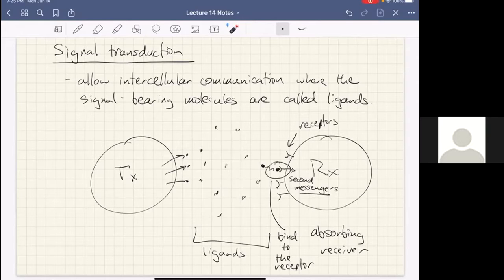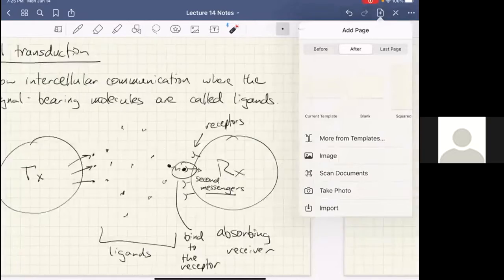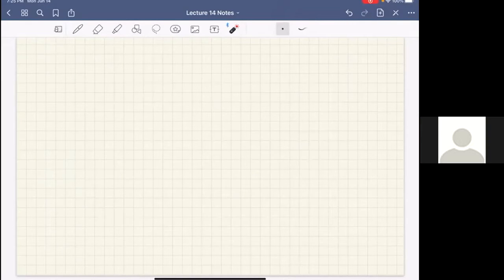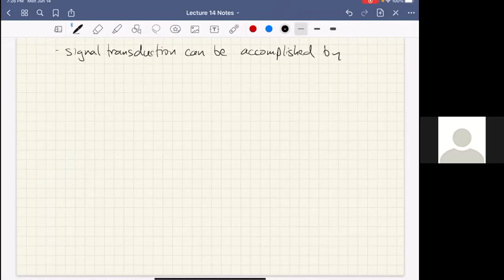So signal transduction can be accomplished by proteins that undergo chemical reactions.